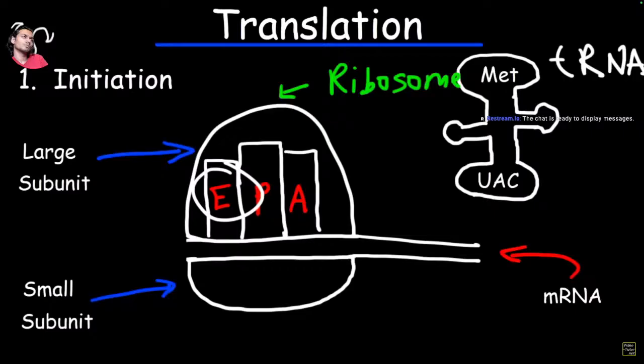Now, during initiation, we have the start codon AUG, which corresponds to the anticodon UAC. Now, that particular tRNA molecule has the methionine amino acid attached to it. And this tRNA molecule enters the ribosome at the P site, also known as the peptidyl site, where the peptide bonds are formed.